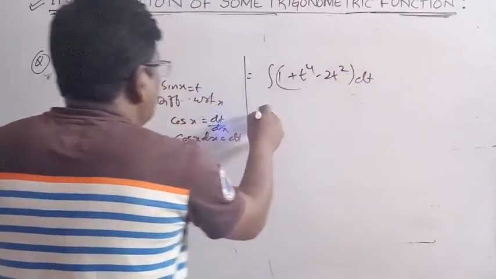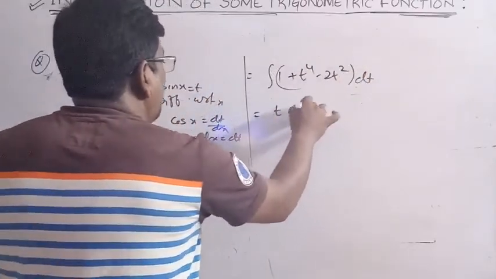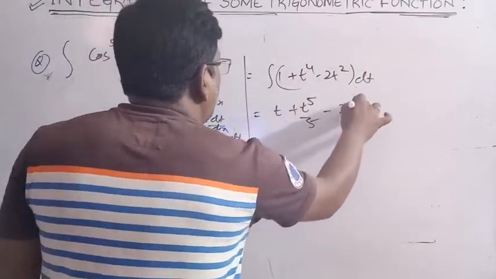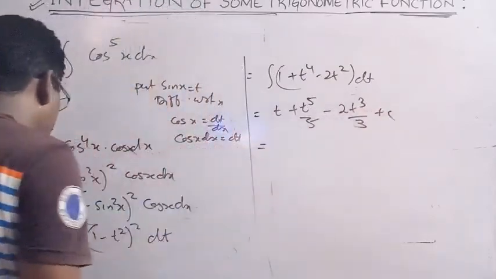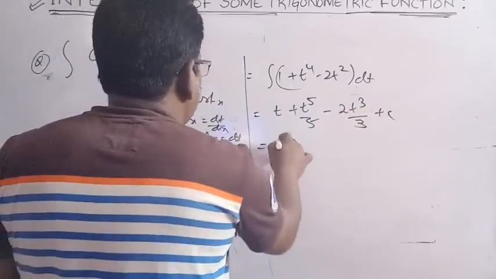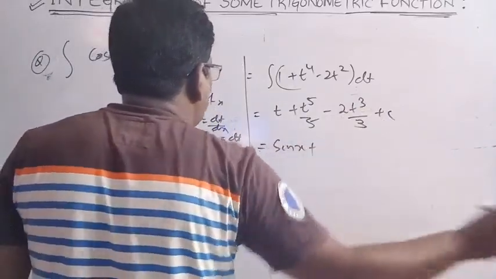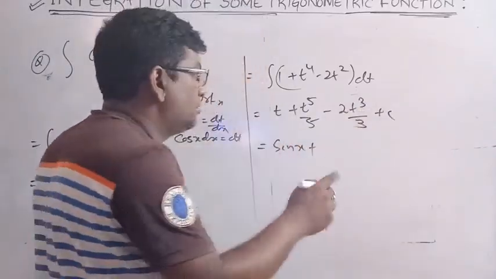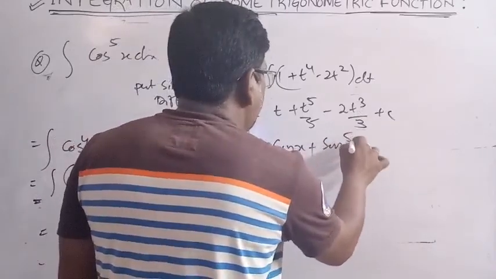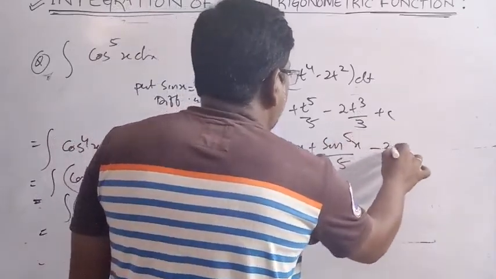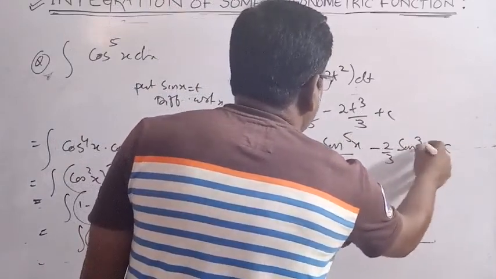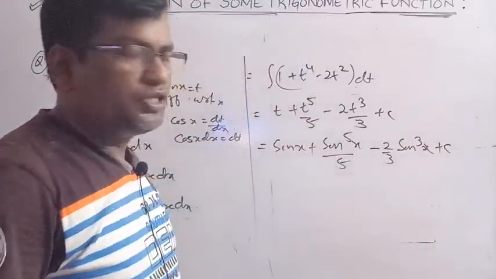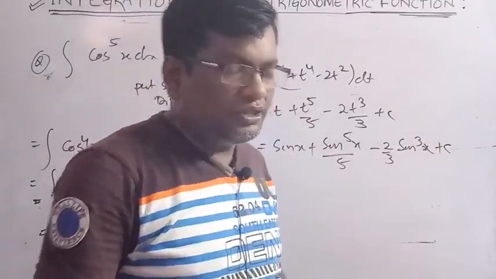So this is equal to t plus t fifth by 5 minus 2t cube by 3 plus c. T means sin x, so sin x plus sin fifth x by 5 minus 2 by 3 sin cube x plus c. These are some types of problems.